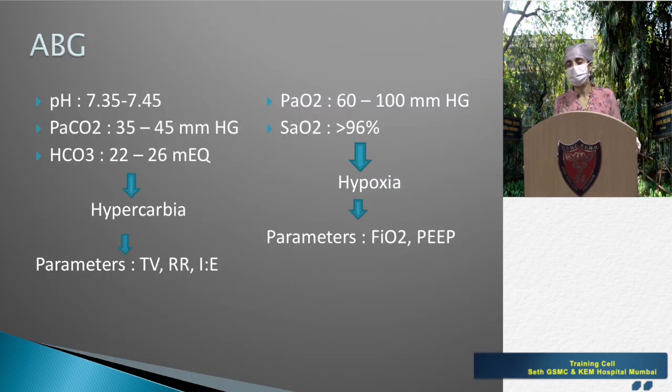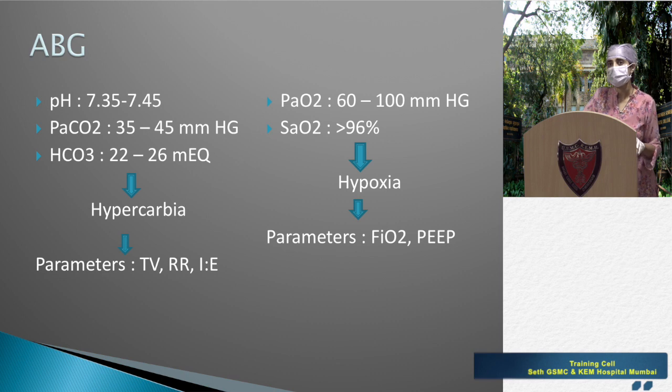So what we generally monitor when the patient is on ventilator is the arterial blood gas. In arterial blood gas, what we look at is the pH, PaO2, PCO2, saturation and bicarbs. So this part tells me about the ventilation and these two parameters tell me about the oxygenation. Generally the problem we faced while ventilating COVID-19 patients is hypercarbia.